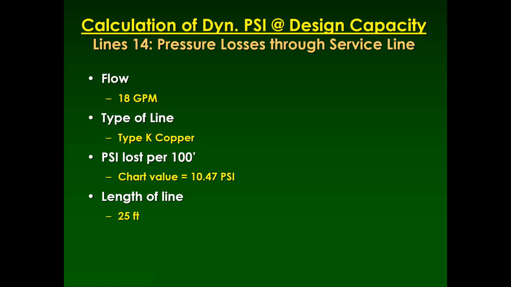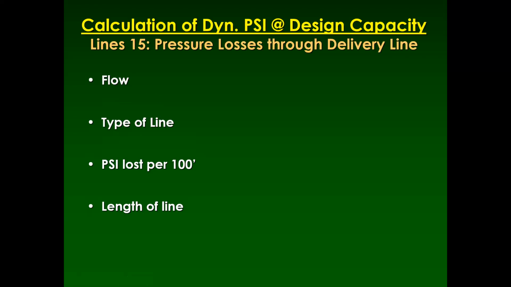So 10.47 multiplied by 0.25 should give us 2.62 PSI loss. So between that section of line, we're going to be losing 2.62 PSI. We're going to write 2.62 PSI on that next line right across from it.